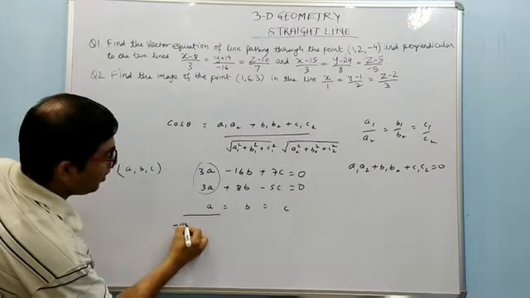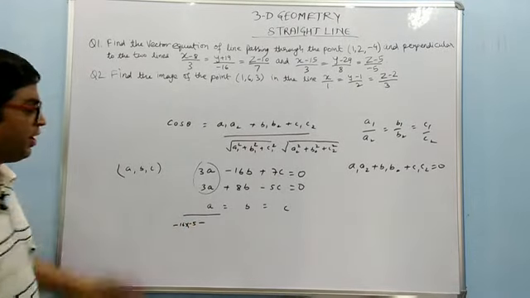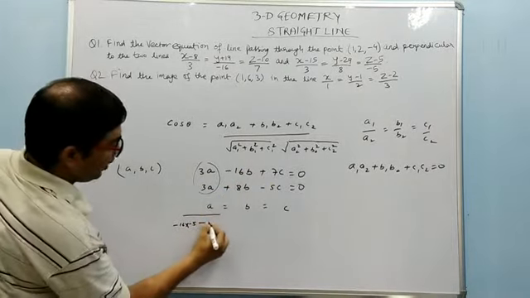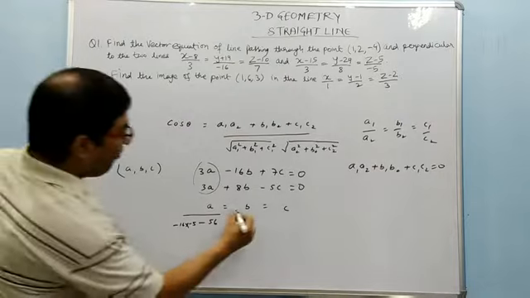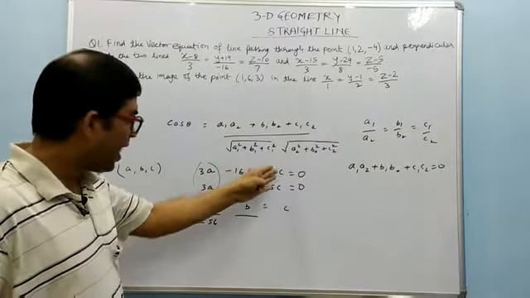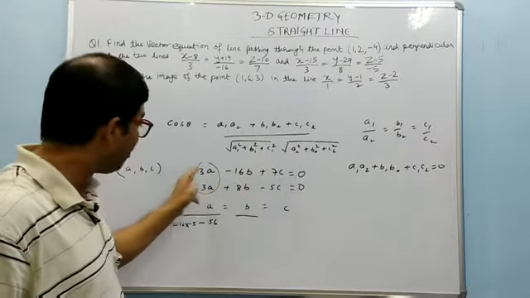Minus 16 into minus 5 minus, that means this into this minus this into this, that is 7 into 8 is 56. And for b, what you have to do? You have to just ignore the b things and write the other things. After b, it is c. So start from here, not from here.